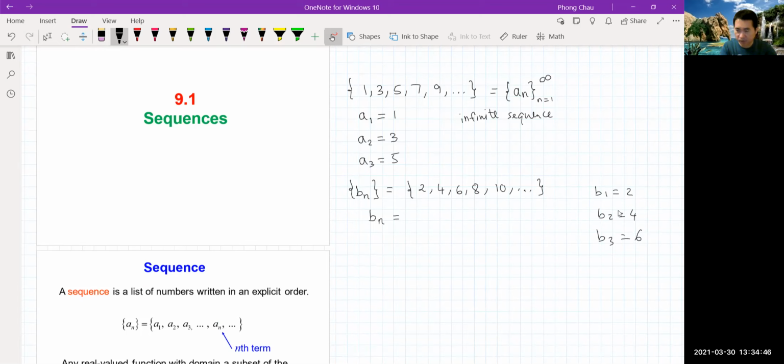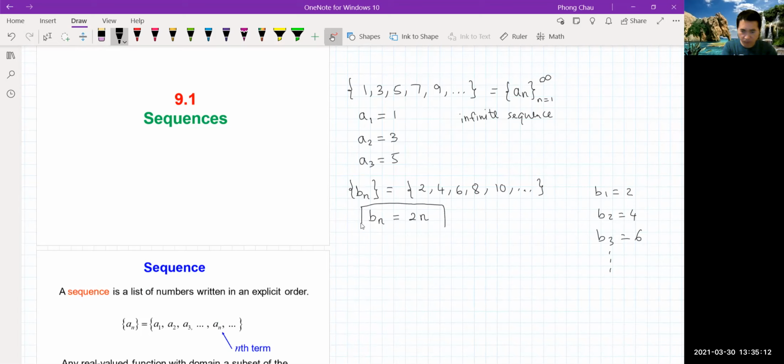So the question is, what is the formula that generates these numbers? If you look at these, you see 1 gives 2, 2 gives 4, 3 gives 6. So there's some relationship there. So I can tell that b sub n will be described by the formula 2n.